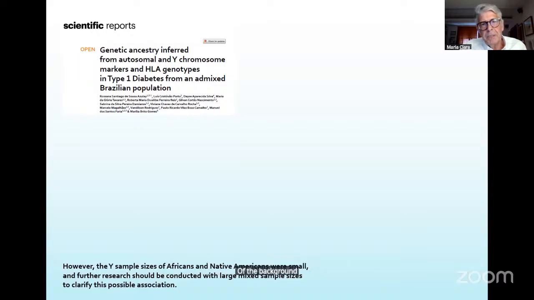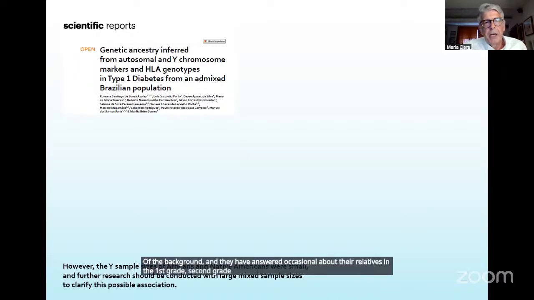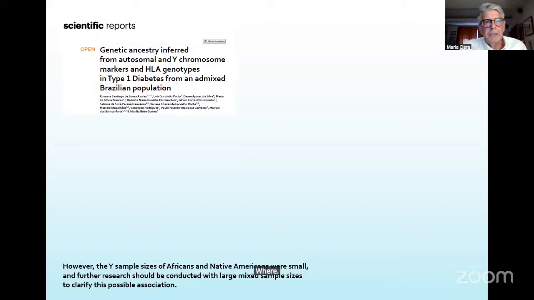They answered a questionnaire about their relatives in the first, second, and third degrees, where they are from, whether the parents are native to Brazil, or whether they came from Europe, Africa, or elsewhere, and also how they declare themselves: white, black, parda, or indigenous, and also of Oriental background.